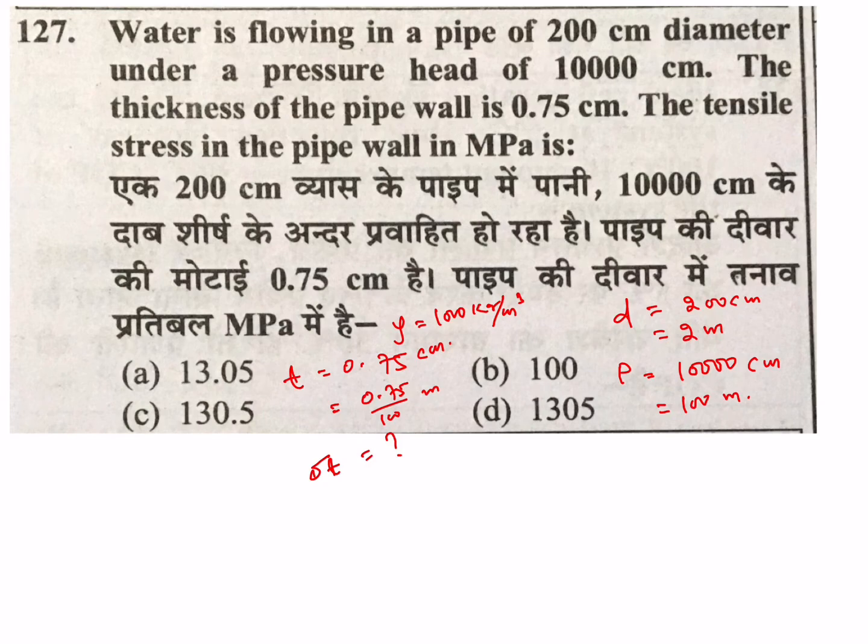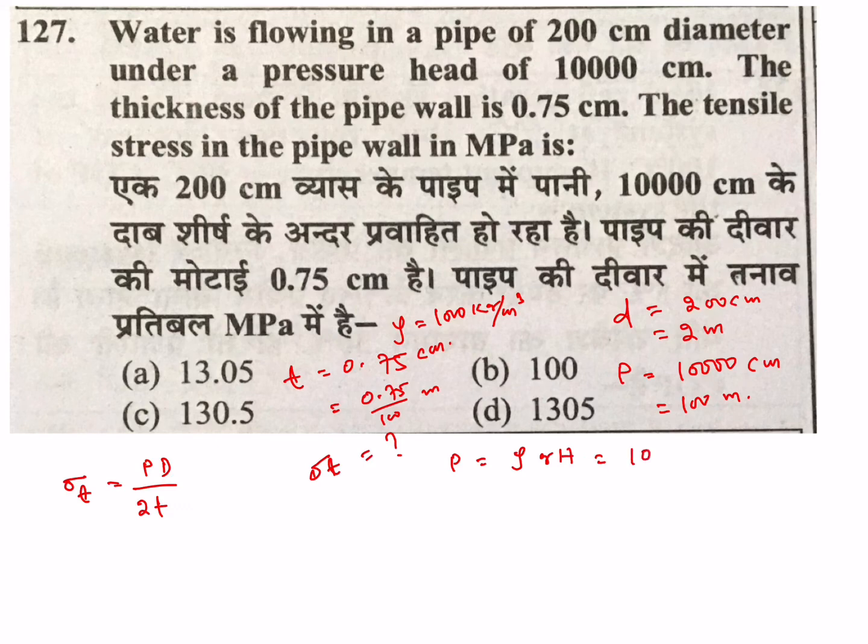So thin cylinder equation we will use, hoop stress or circumferential stress, PD by 2t. P value we have to calculate. Pressure in terms of head given, pressure in terms of megapascal we have to calculate. P equal to rho g h.